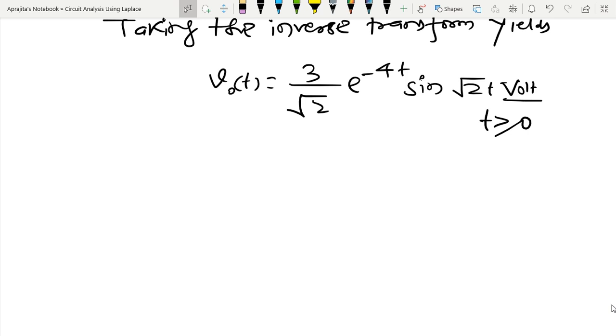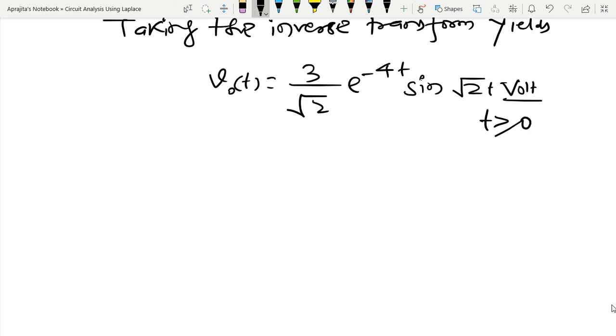The transfer function of any system describes how the output behaves with respect to the input. So now using S domain, I can also capture this.